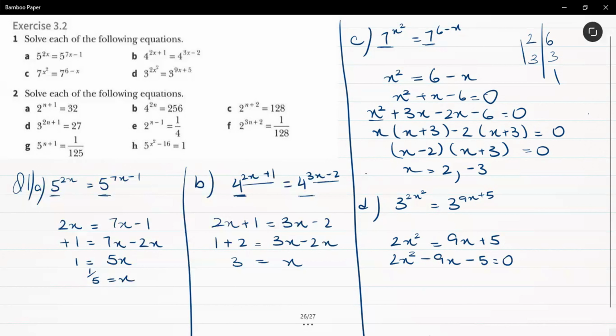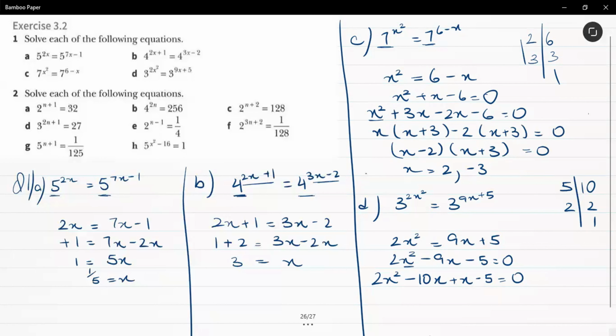So now again, the factors of the coefficient of x squared multiplied by the constant, so negative 10. So we take out the factors of 10. 5 2s are 10, 2 1s are 2. And we have to make 9 out of this. So 2x squared minus 10x plus x minus 5 is equal to 0.